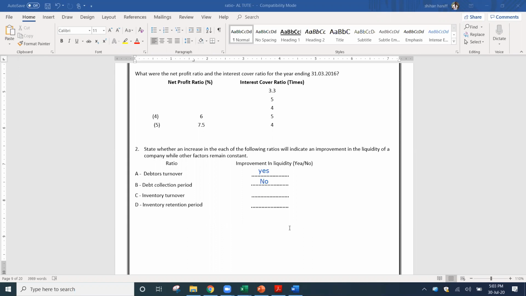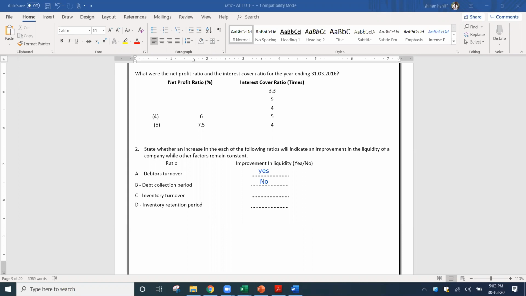If you have debtors, debtors are a current asset. If you have converted it to cash, that is also a current asset. So there is no impact on liquidity. Liquidity will be the same.